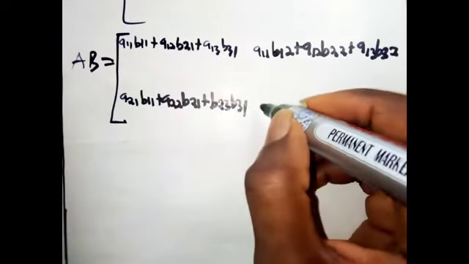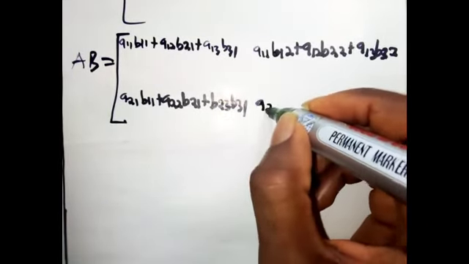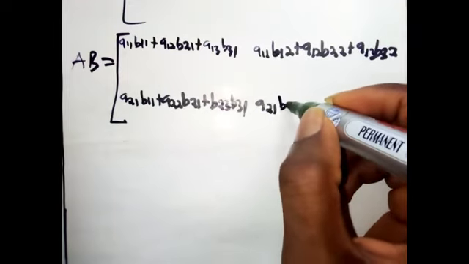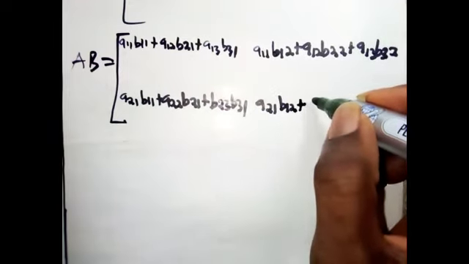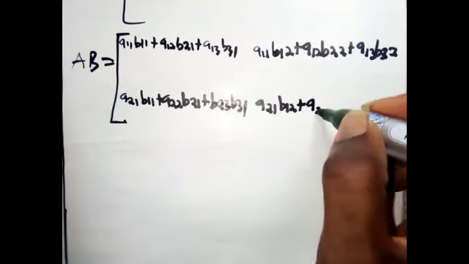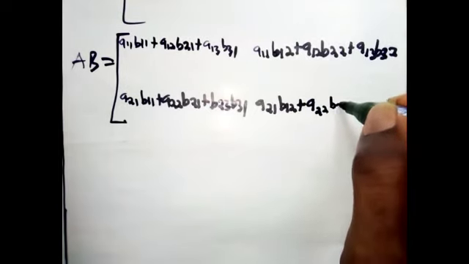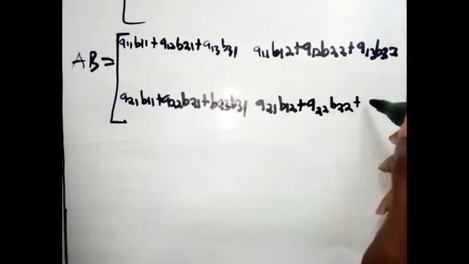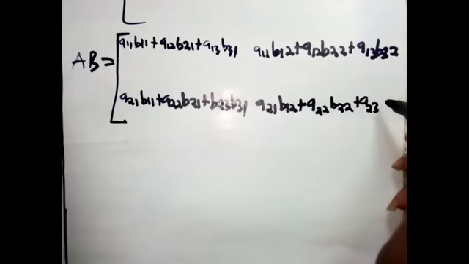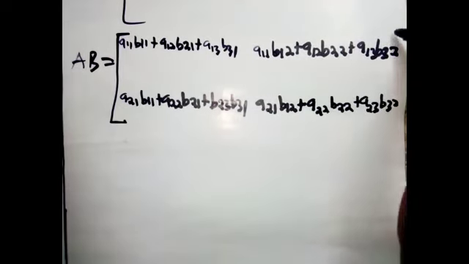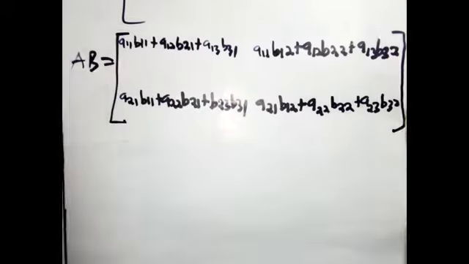And also A21 B12 plus A22 B22 plus A23 B32. So we have this, which gives us our new matrix.